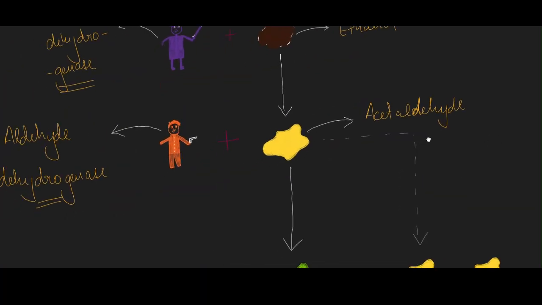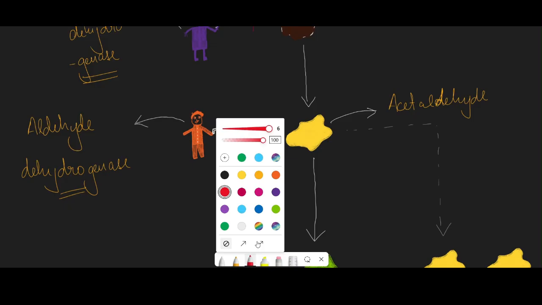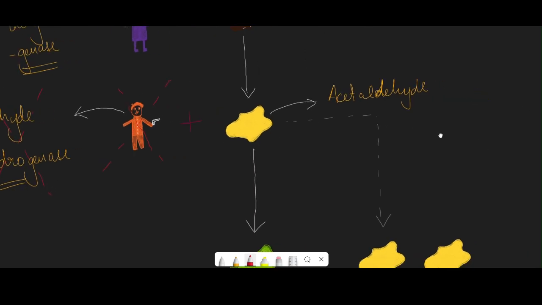Now, Disulfiram simply inhibits this enzyme over here, which is known as aldehyde dehydrogenase. You see this one. So what disulfiram simply does is that it inhibits the aldehyde dehydrogenase. When it inhibits the aldehyde dehydrogenase, there is no enzyme left to metabolize the acetaldehyde.